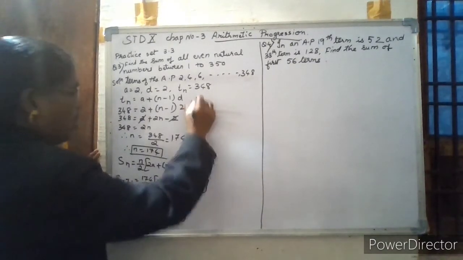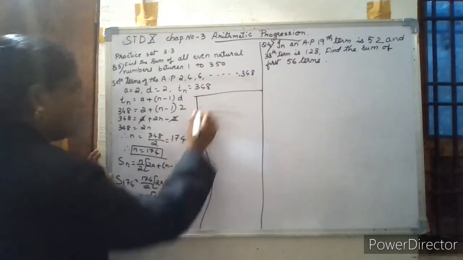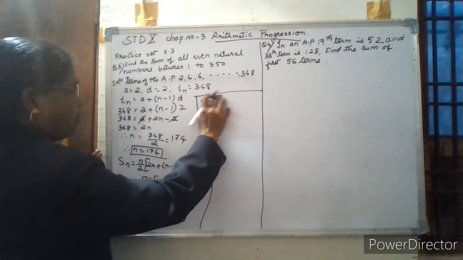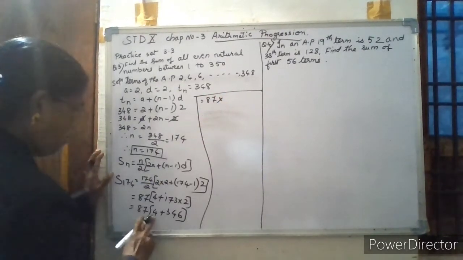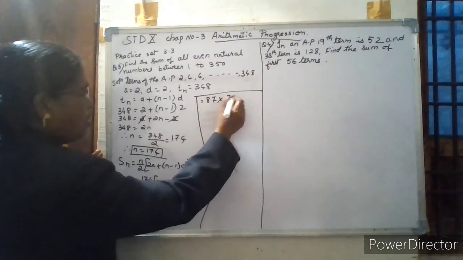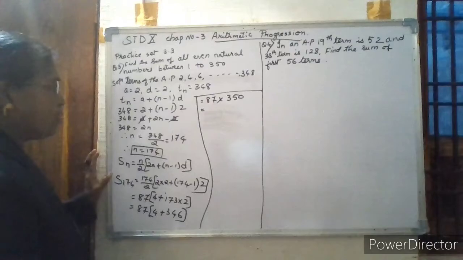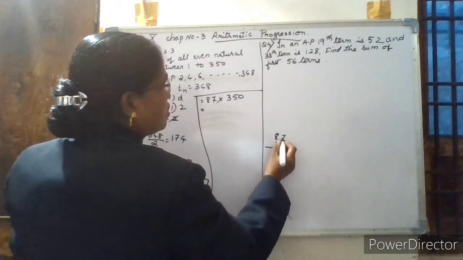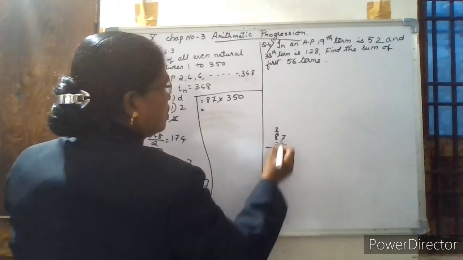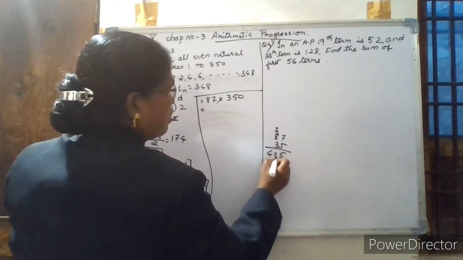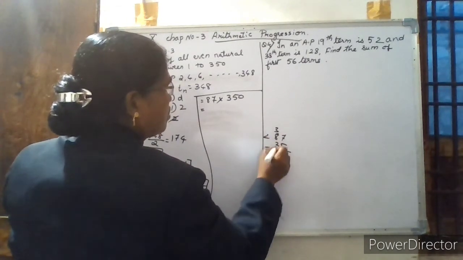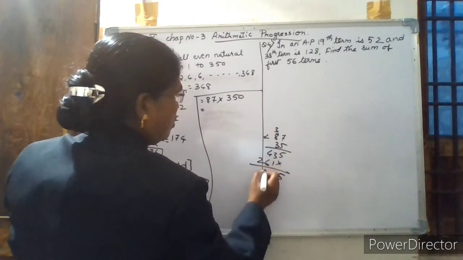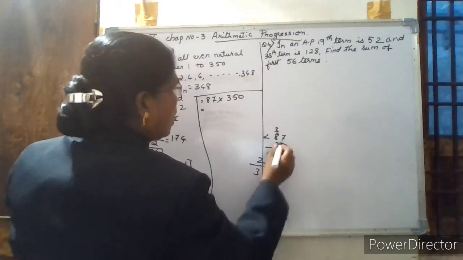So this is equal to 87 into, adding these, 350. Now multiply 87 into 350. 7 fives are 35, carry 3, 5 eights are 40, 43. Then 3 sevens are 21, carry 2, 3 eights are 24, 25, 26.